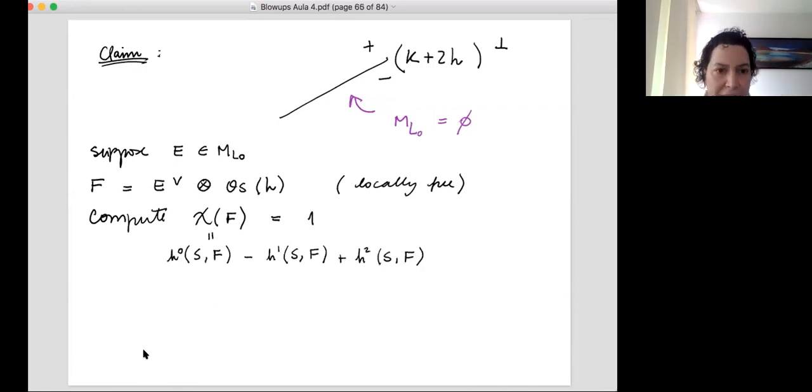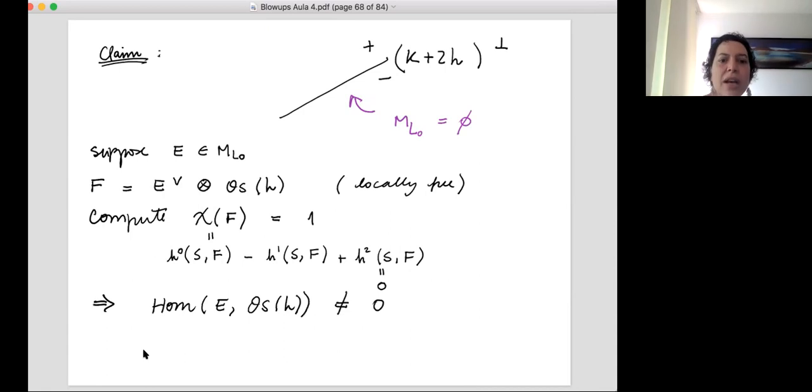This is just a computation. On the other hand, you know that this is the H0 of F minus H1 plus H2. And this H2 we can show is 0, for the same reason as I said before: we are choosing a polarization that has negative intersection with K. When you write the H2 as the dual, as the Ext1, you find that there is really no Hom from E to the corresponding line bundle.